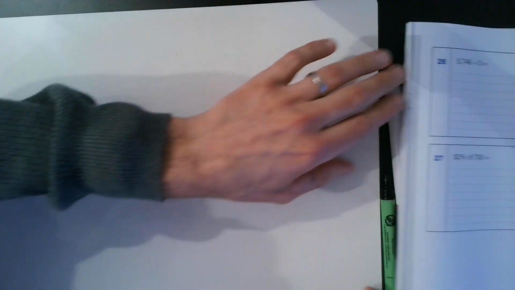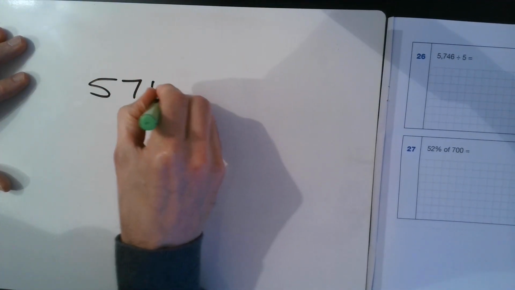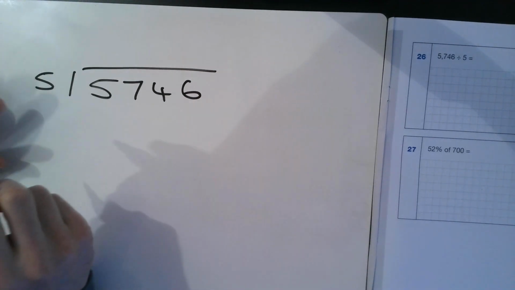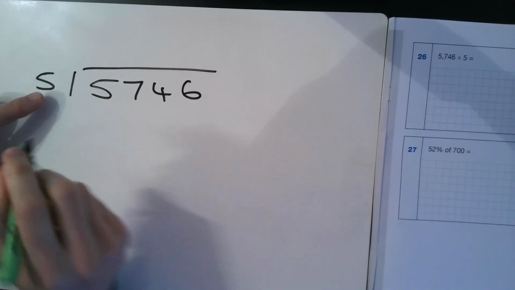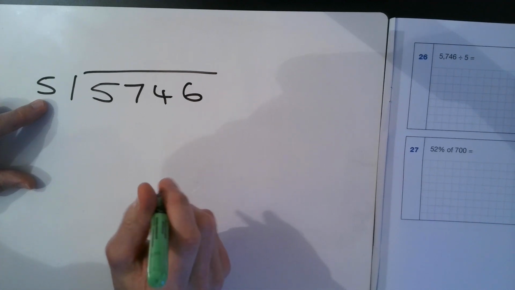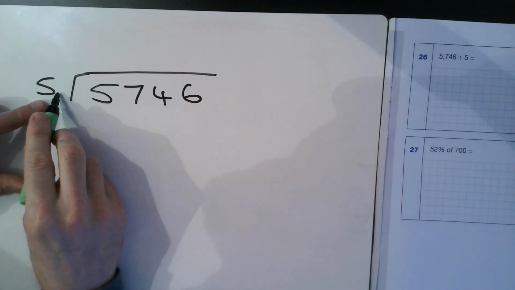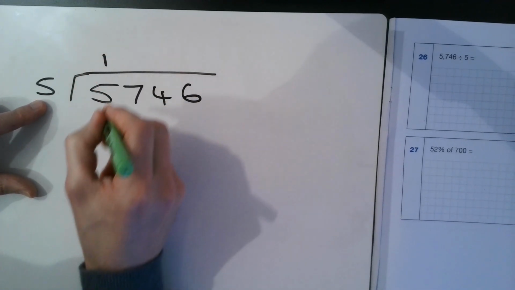Next question. So 26. 5,746 divided by 5. So this was the first question in Arithmetic SATs history that gave us a remainder, and that did throw some of the children last year. So how many 5s in 5? 1.